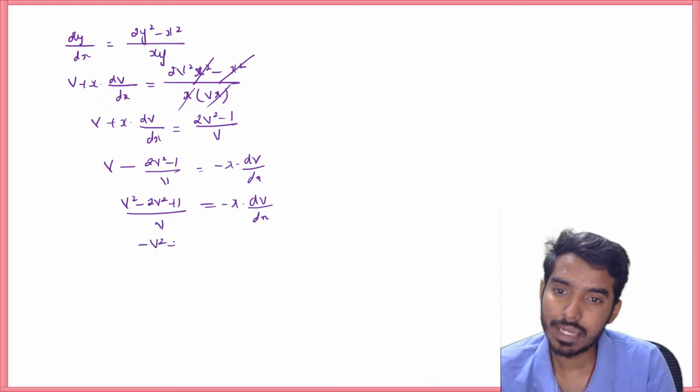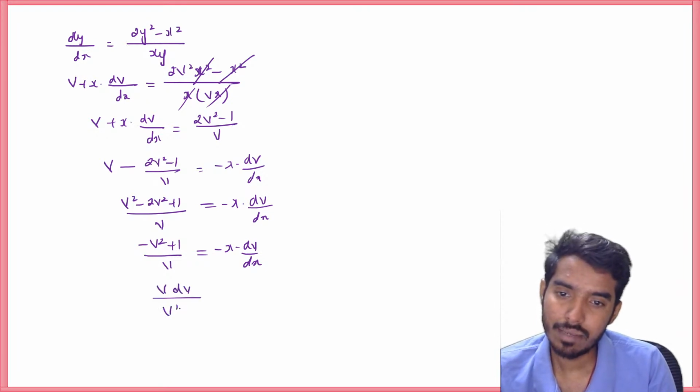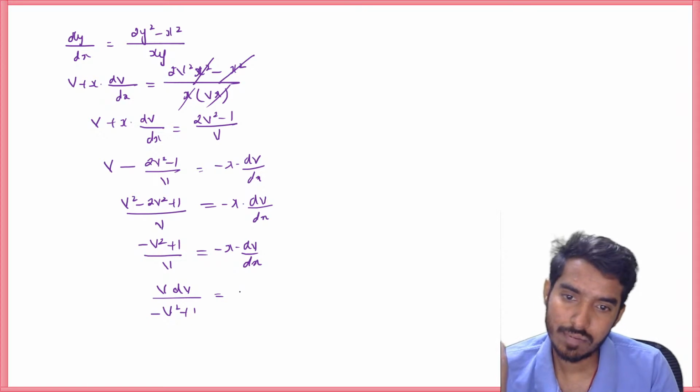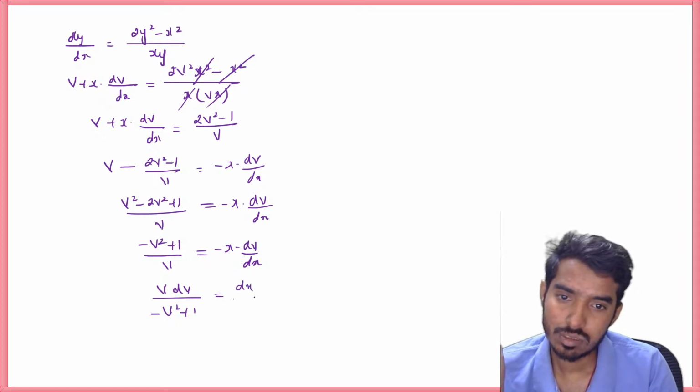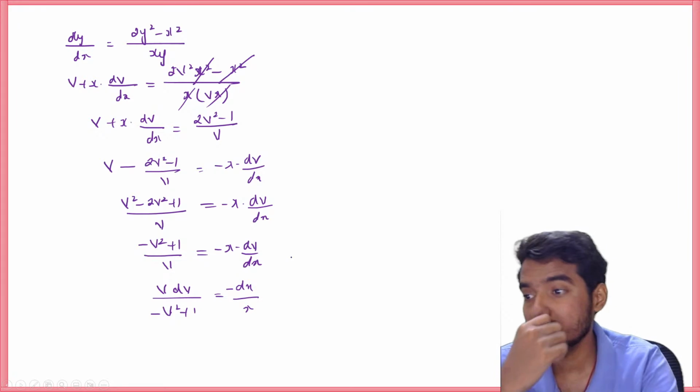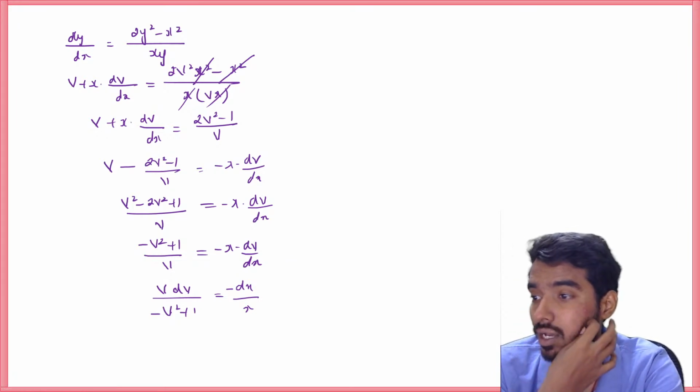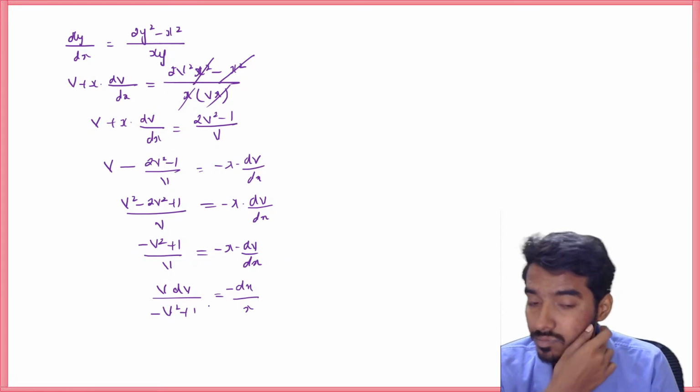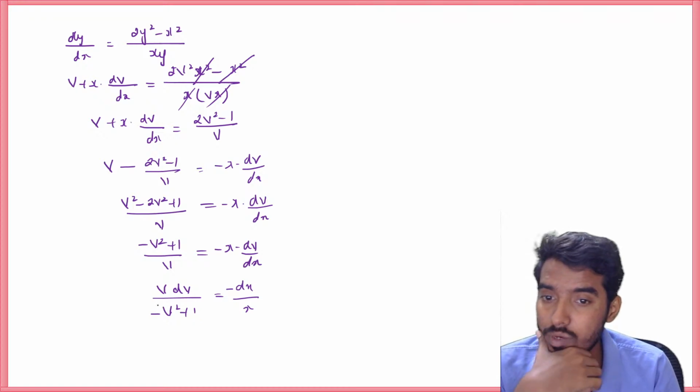So here we have minus square plus equal to minus x dv by dx. So if we cross multiply this, we will have v square plus 1 plus 1, and here we will have x by right minus x. Now you have to integrate this.